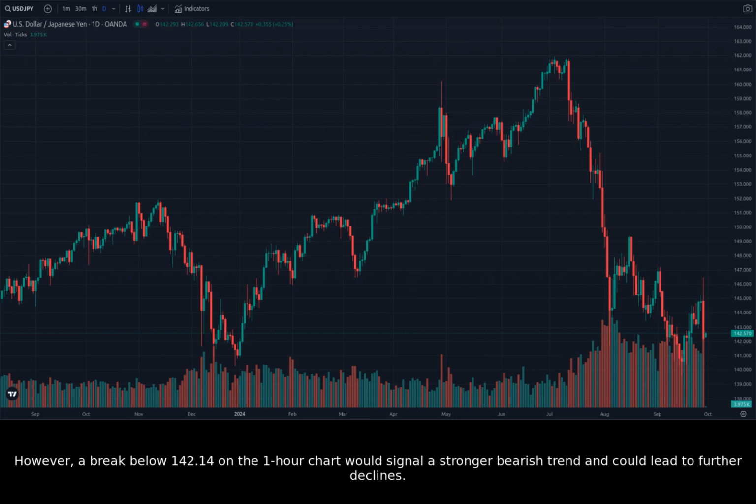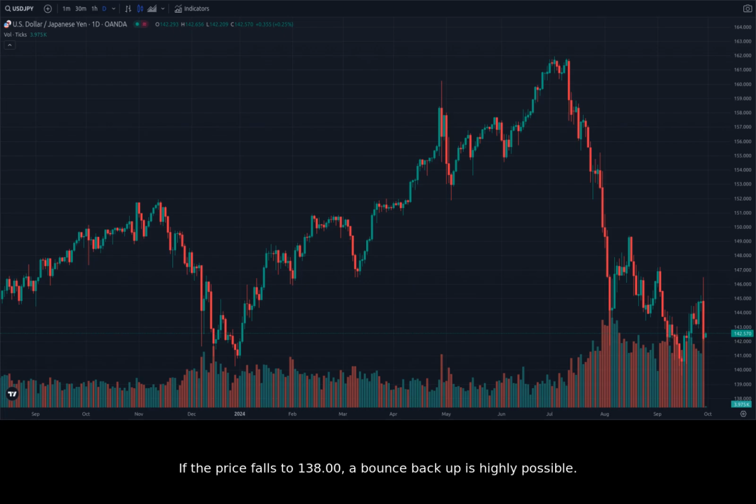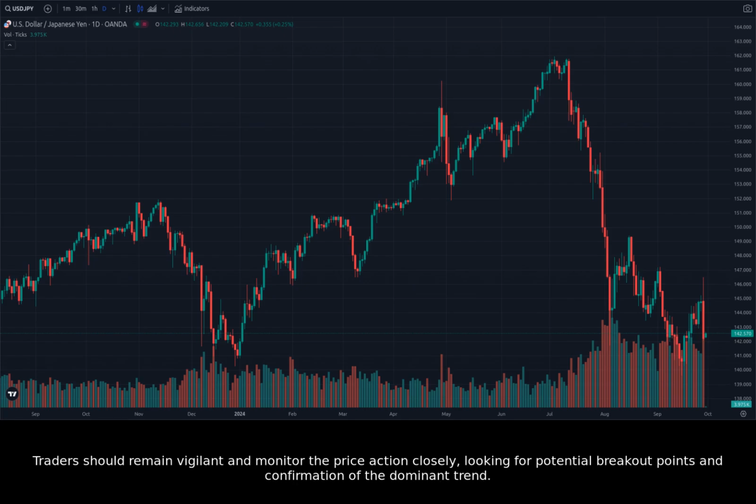However, a break below 142.14 on the 1-hour chart would signal a stronger bearish trend and could lead to further declines. If the price falls to 138.00, a bounce back up is highly possible. Traders should remain vigilant and monitor the price action closely, looking for potential breakout points and confirmation of the dominant trend.